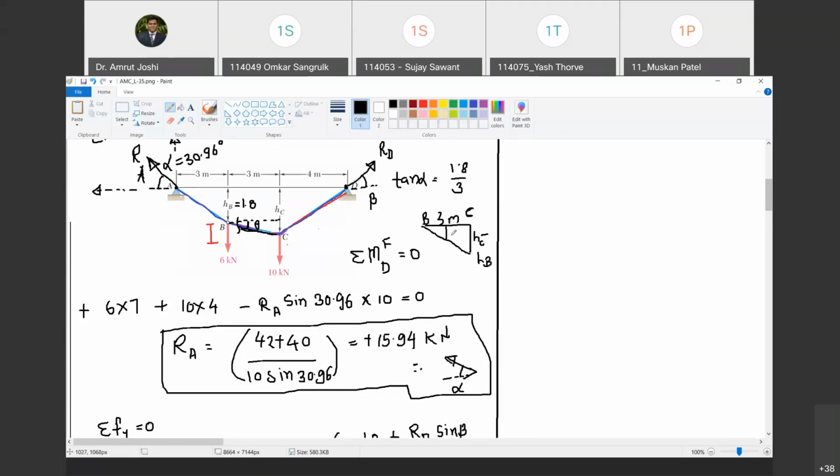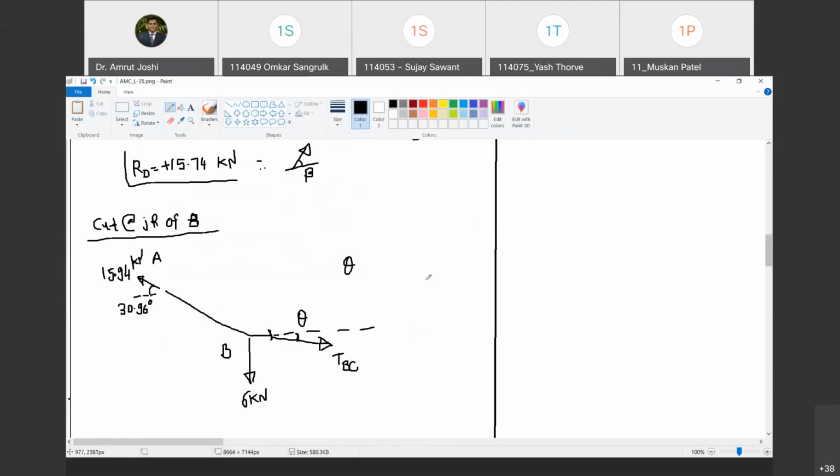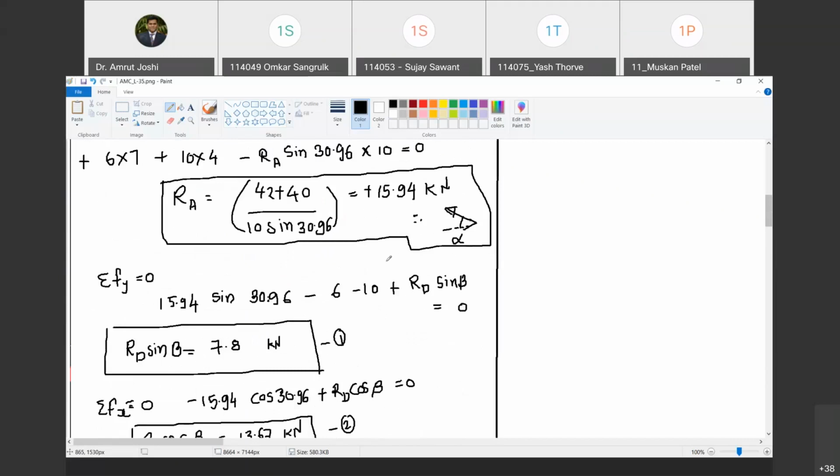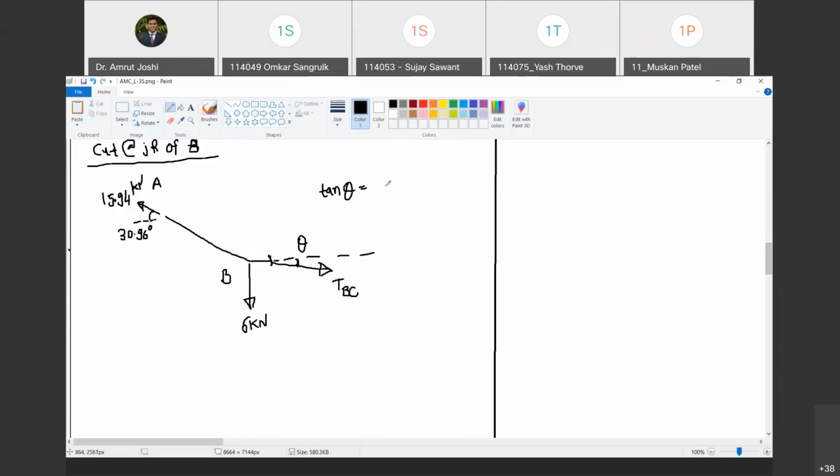So what is theta? Tan theta is equal to HC minus HB upon 3. So I am going to write that. Tan theta is equal to HC minus HB upon 3. Happy? Yes, sir. This is going to give you the value of theta.